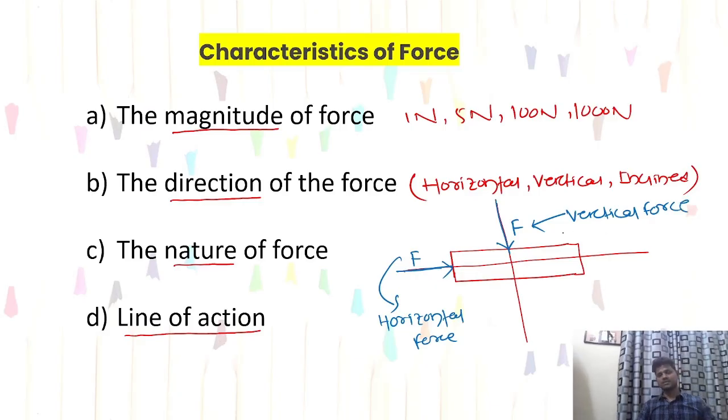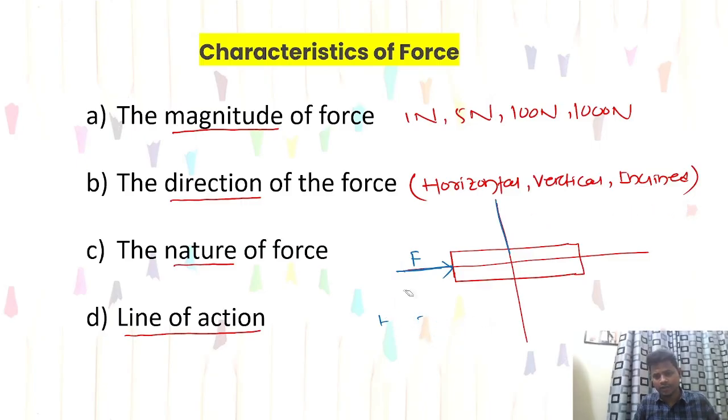But if I apply a force neither in the horizontal nor in the vertical direction, let me show you. If I apply a force like this, then this force is neither parallel to the horizontal nor parallel to the vertical.